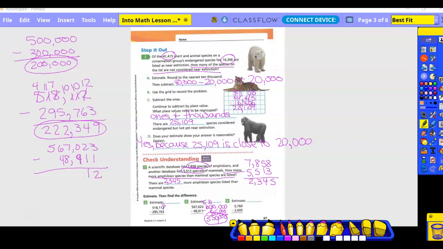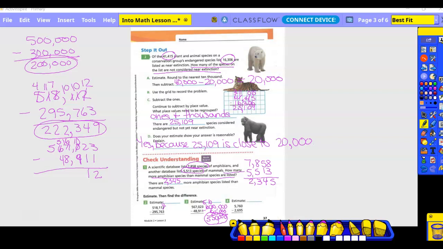Can I take 9 from 0? No. So this becomes a 10. And then I go next door, take 10 more, so this becomes a 6. Can I take 8 from 6? No. So it becomes 16, and this becomes a 5. Can I take 4 from 5? Yeah. So we're good to go, right?